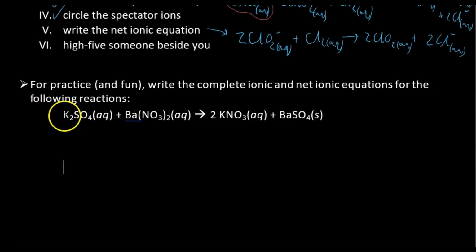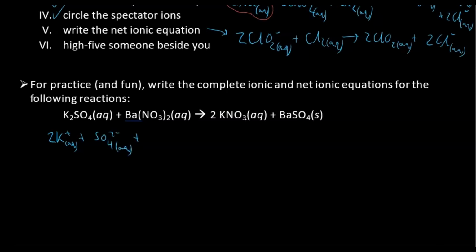First, we should see if it's balanced. You never want to assume it's balanced. There's 2 potassiums, 1 sulfate, 1 barium, 2 nitrates. Oh, but there's a 2 here. Okay, we're good. So we'll split this up. So this would be 2K plus aqueous plus the sulfate, and there's just 1 sulfate.